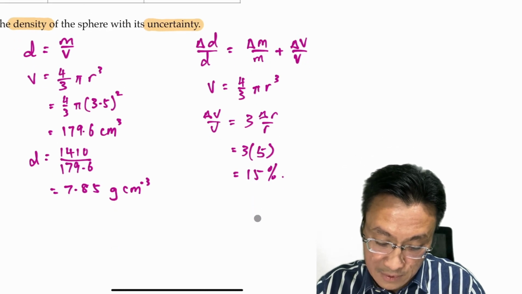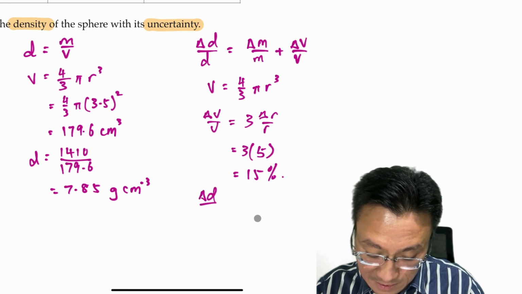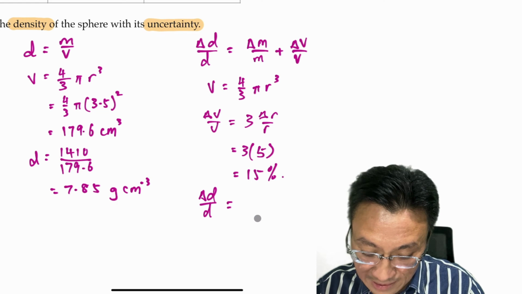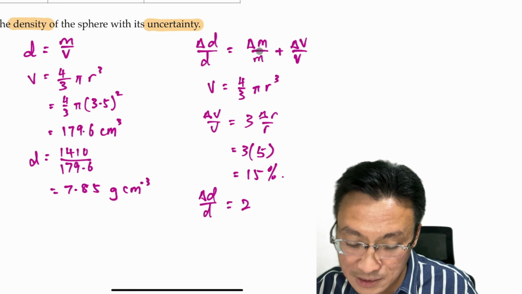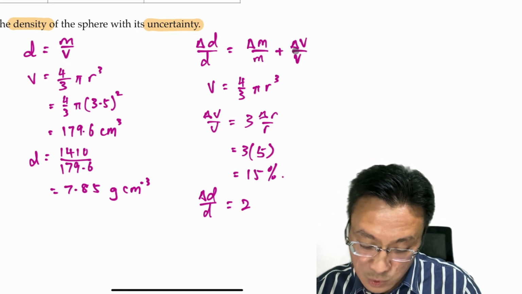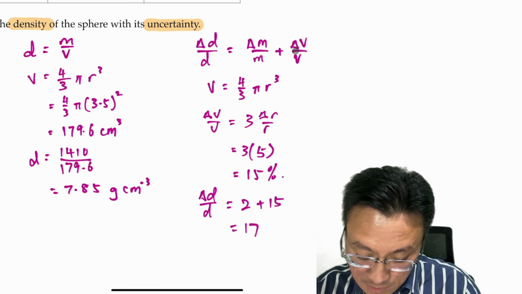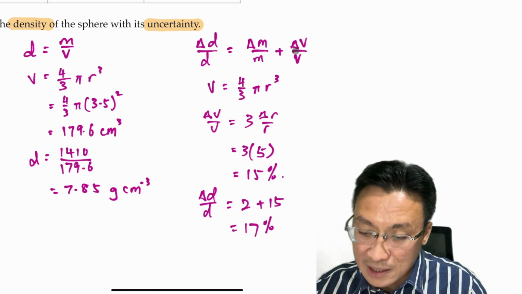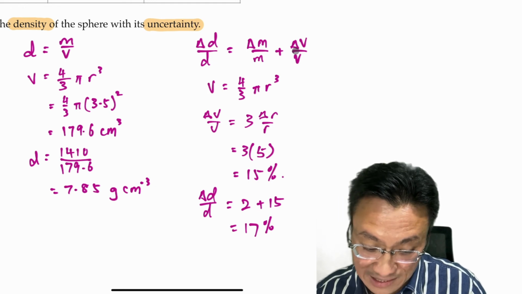And so from here, I could rewrite my delta D over D as 2%, which is the percentage uncertainty of mass, plus this, which is 15%. So I got my percentage uncertainty of D as 17%.